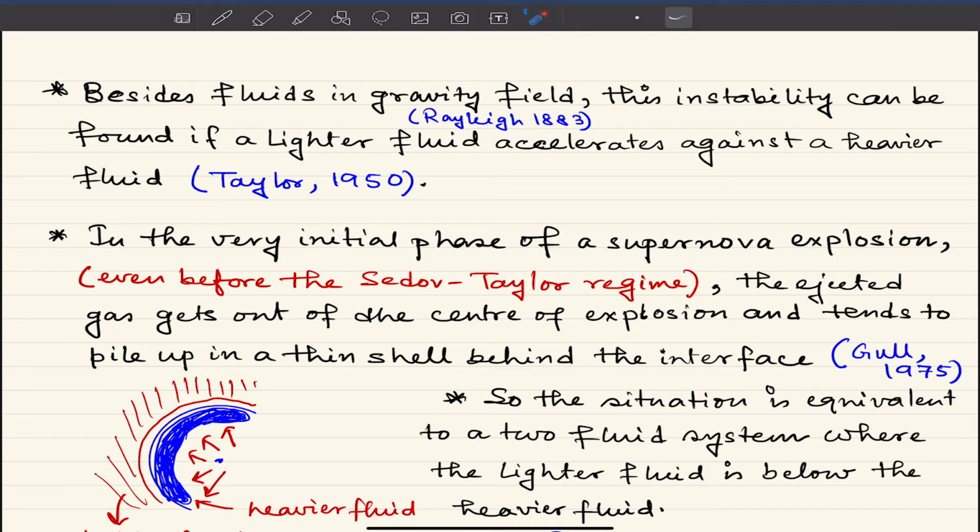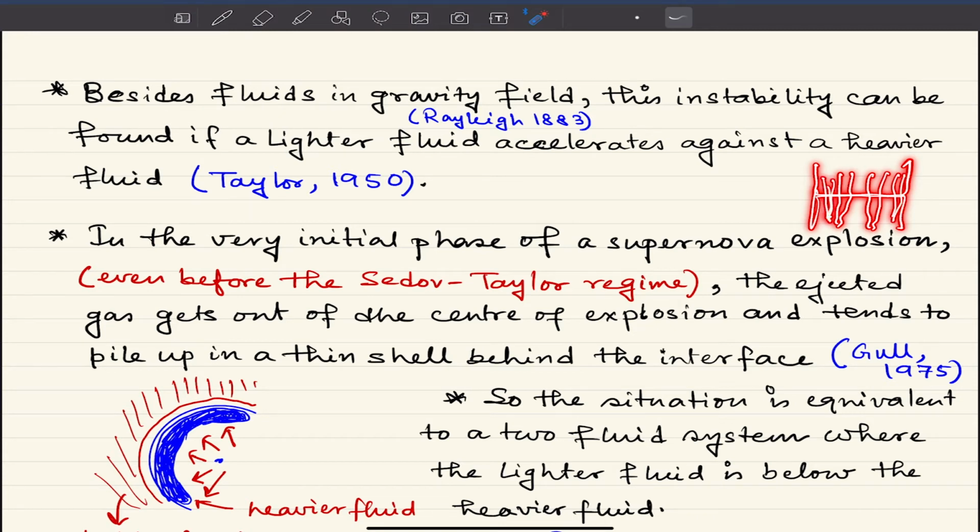Of course not in a convective manner, but what will in general happen is that this heavier fluid actually comes down in the structure of fingers, fingertip type of thing.